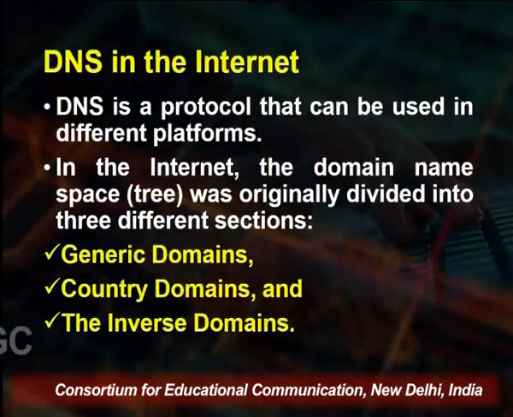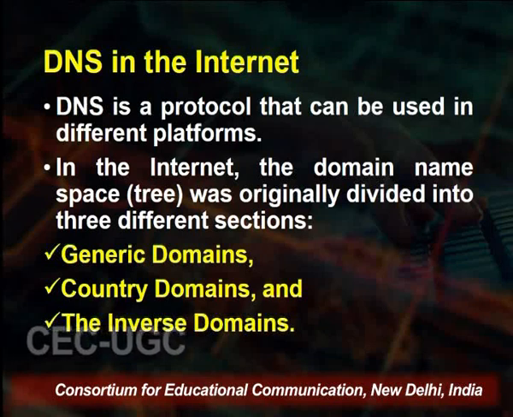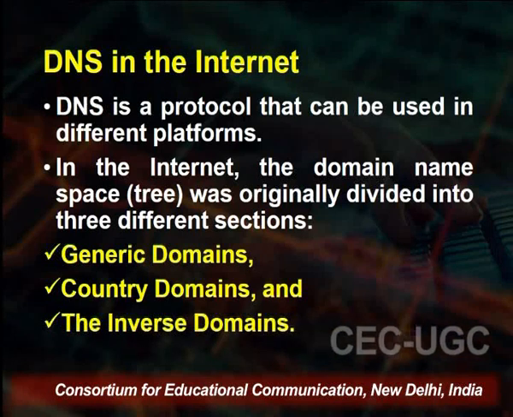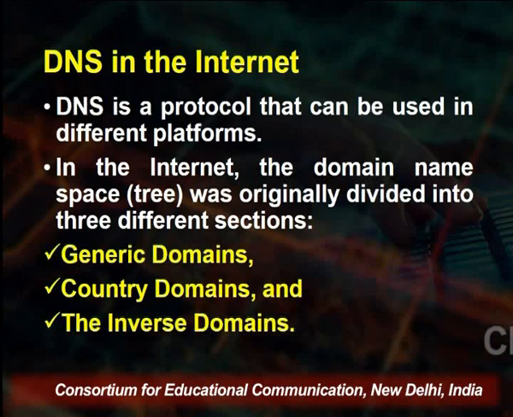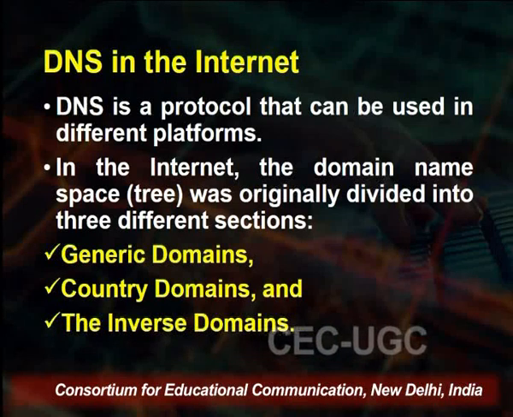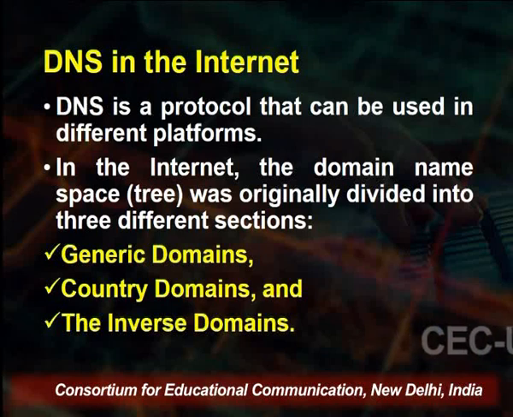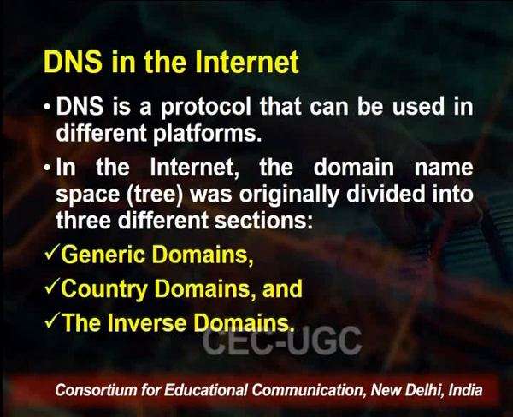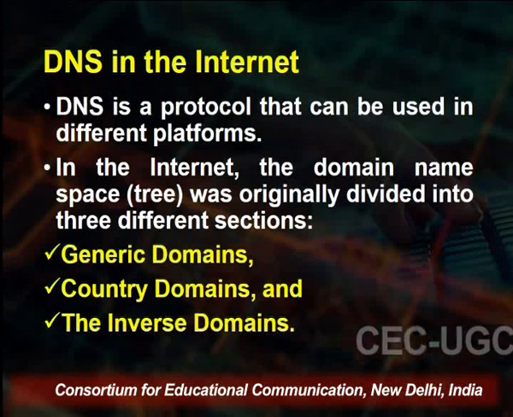So DNS, the domain name system in the parlance of the internet, we look at as a protocol, right, and it can be used on different platforms. On the internet platform, the DNS or the domain name space, that is the tree, is originally divided into three different types of domain names. There can be generic domains, country domains and inverse domains.